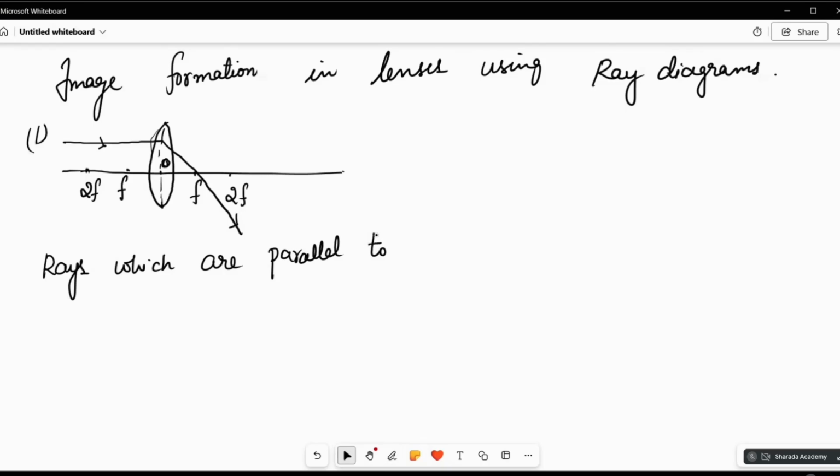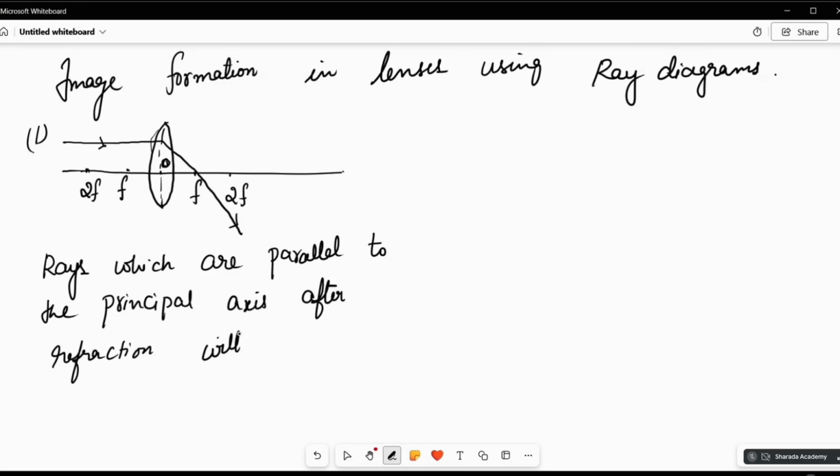Rays which are parallel to the principal axis, after refraction, will pass through the focus, that is the principal focus.